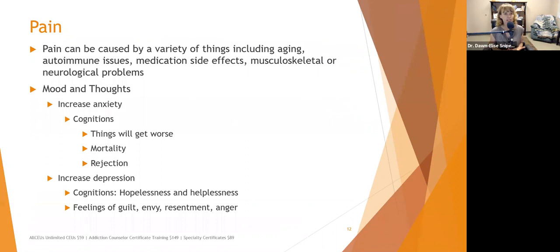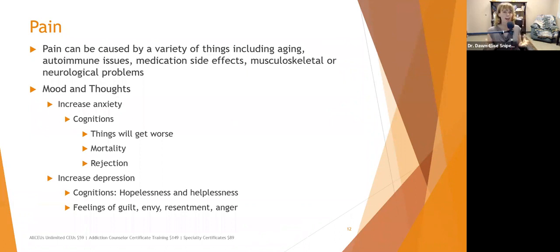Those are exhausting emotions. Having those repeatedly, day in and day out, if you resent other people for being able to do things you used to do, if you feel guilty because you can't do the things you used to be able to, if you envy other people because they're healthy, or if you're angry at yourself, at your higher power, at your body, at whomever because you hurt, if you're angry at the doctors because they're not fixing you, all of those feelings, those dysphoric feelings, can occur because of pain, and they exhaust people's energy, and they keep their cortisol levels high, which reduces their thyroid, which reduces their serotonin, which reduces their pain threshold, which causes symptoms of depression.